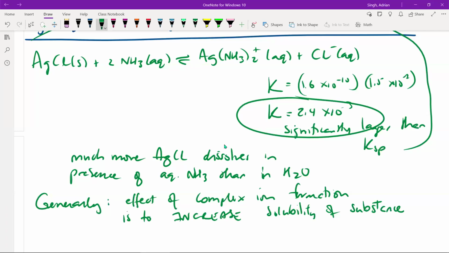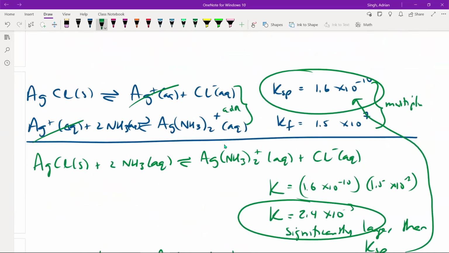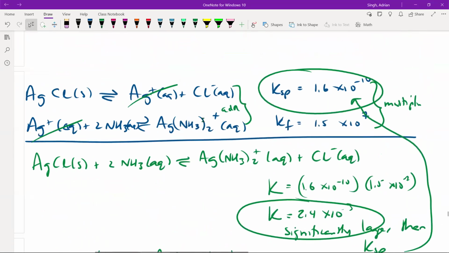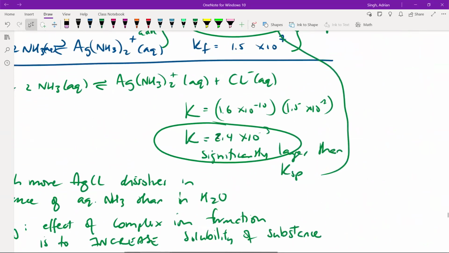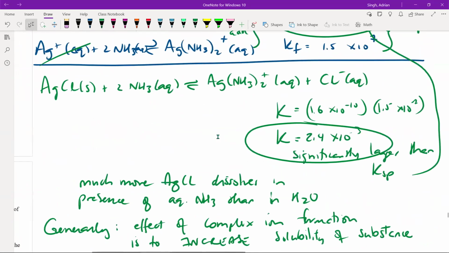We've quantified that relationship by looking at two equilibrium systems. We've added them together like we've done before, multiplied the K values, and can compare them to see the effect that coupling one equation to another has on the solubility.